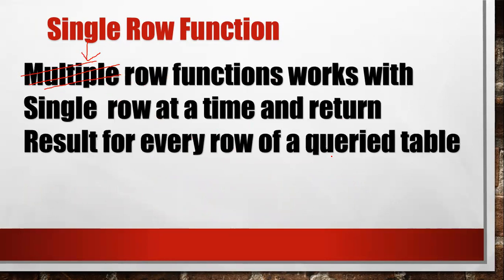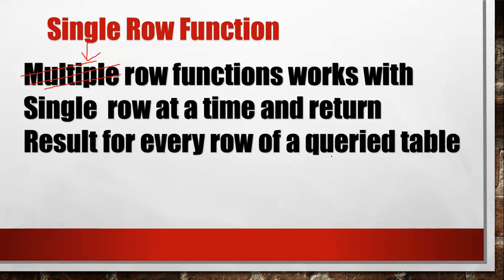Suppose, let me tell you an example. As you know, if we don't create a group by, basically single row functions work on a single row of a table at a time. We will see some examples also, so that this part is more clear to you.